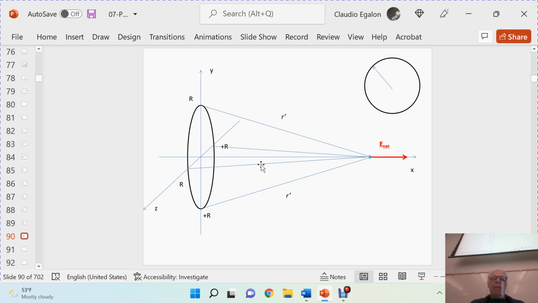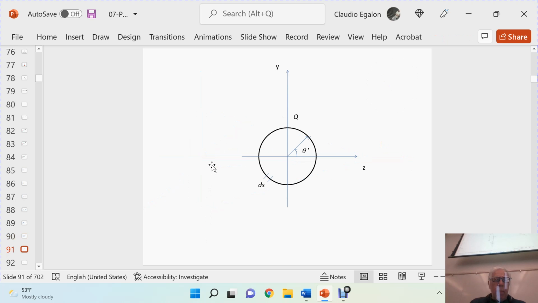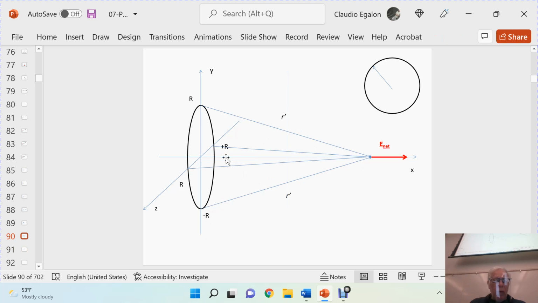And then we have this cone, minus R, oops, minus R here, minus R there.